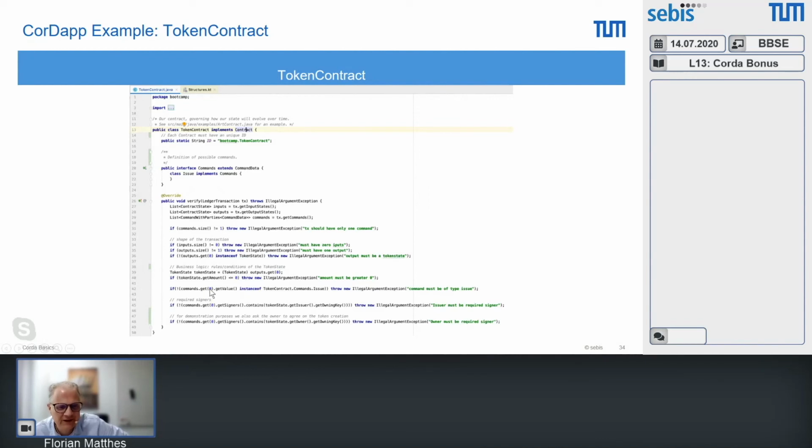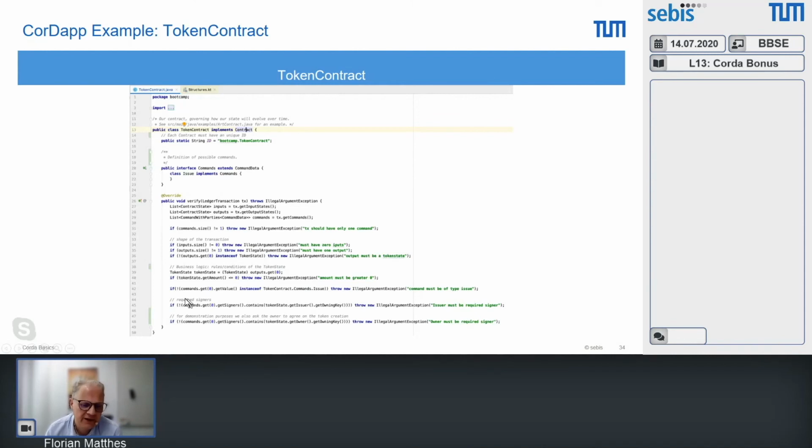We check that there is exactly one command, so therefore this doesn't fail. We get the value, and then we verify that this is a token contract command issue command. This is from the command enumeration the issue value. So therefore we do this comparison here, which is the pattern in Kotlin to verify enumeration types. And if it's not the case, then again we will say, no, sorry, operations on tokens are only issue commands and no other commands are allowed.